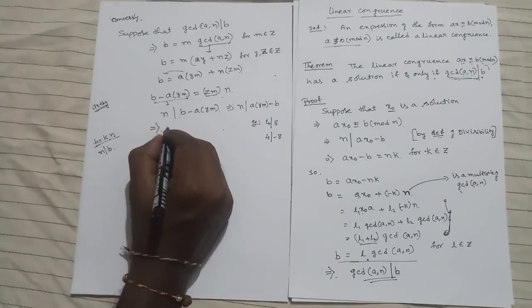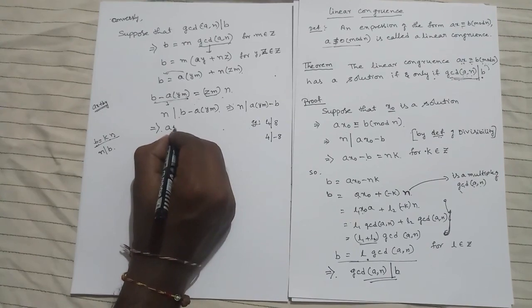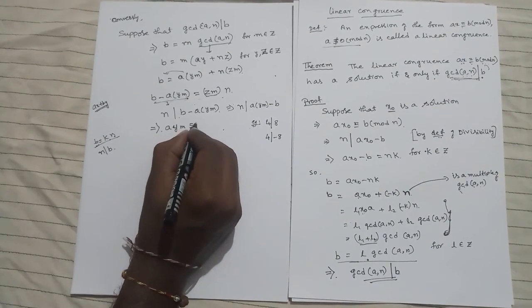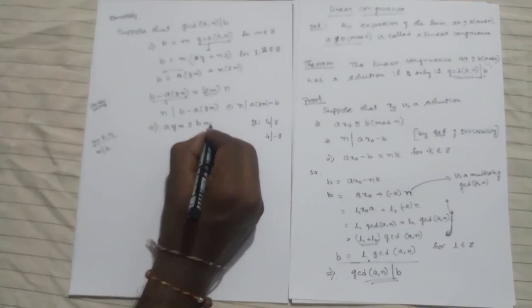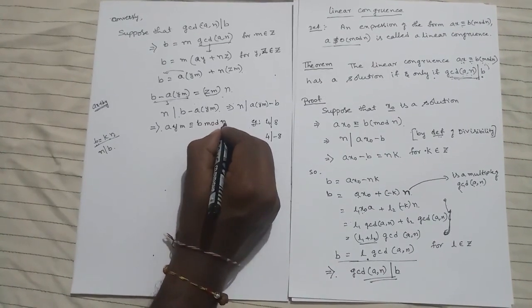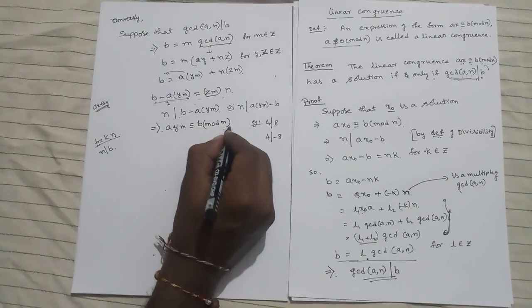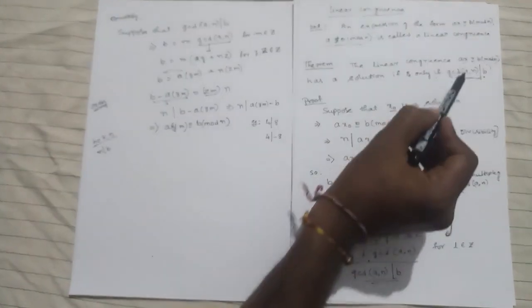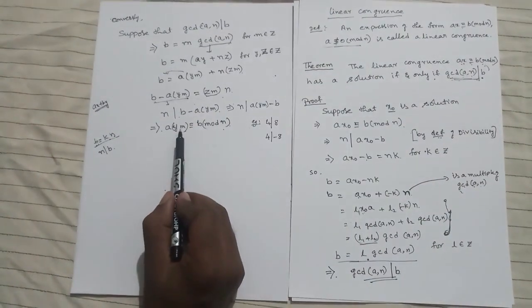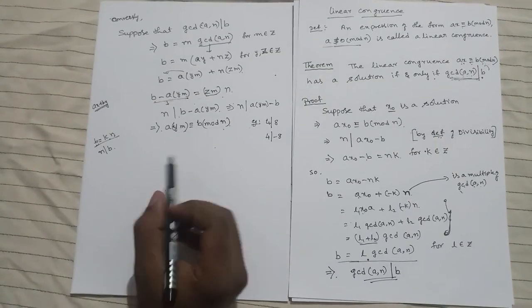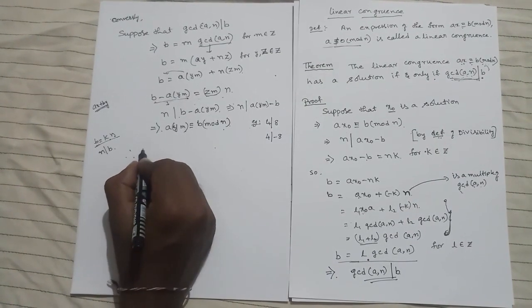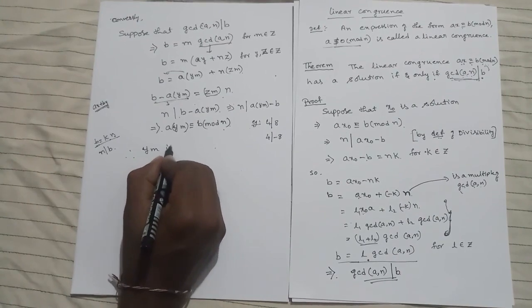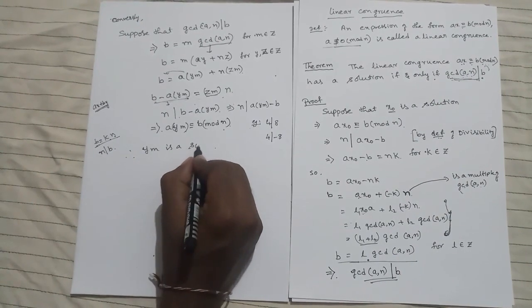So this implies a times ym is congruent to b mod n. So instead of x, ym is there. Therefore ym is a solution.